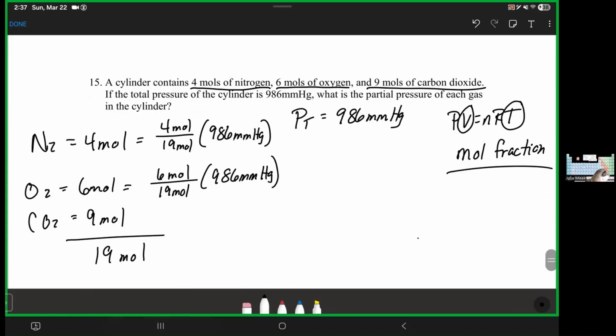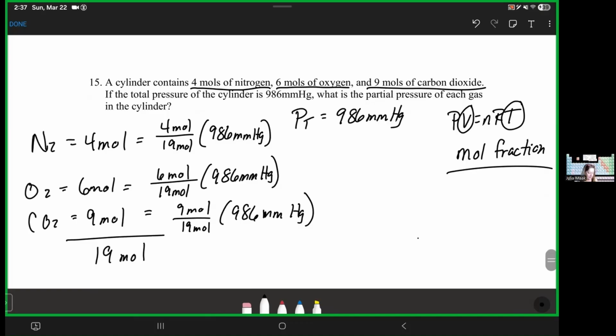And my carbon dioxide is 9 moles over 19 moles times my total pressure. It's what fraction of those total moles is adding to that total pressure.